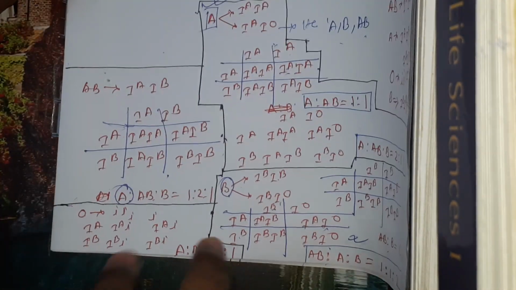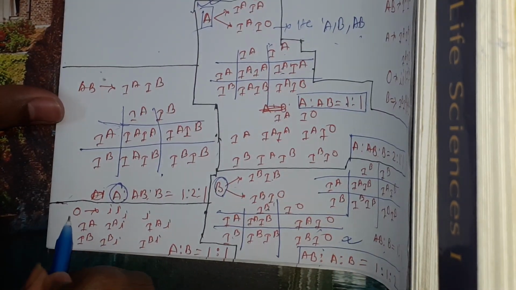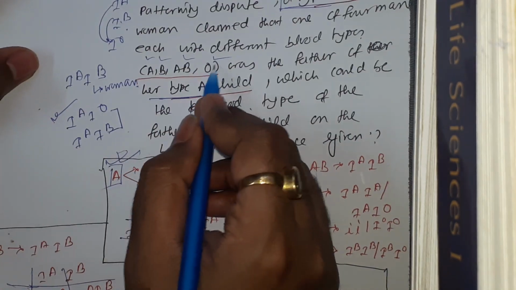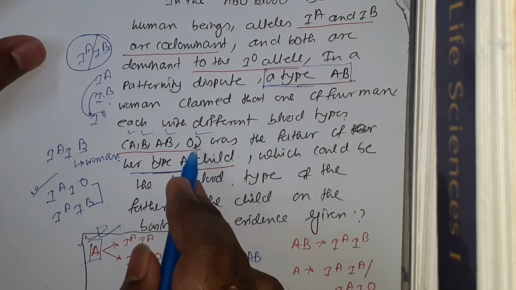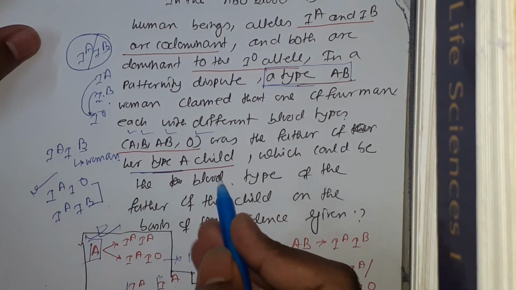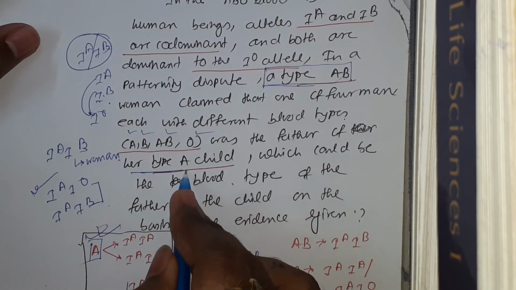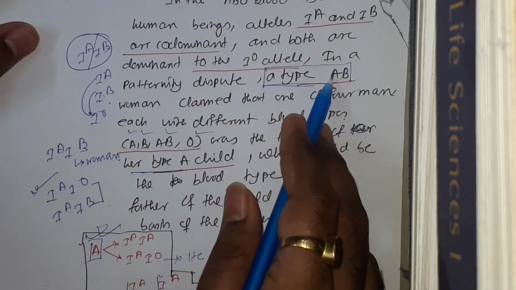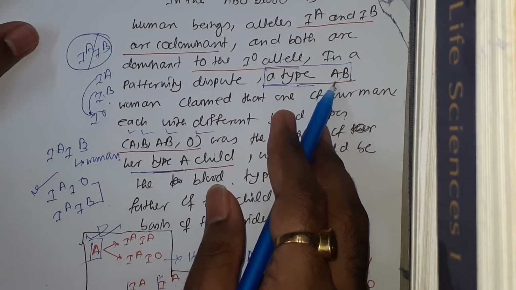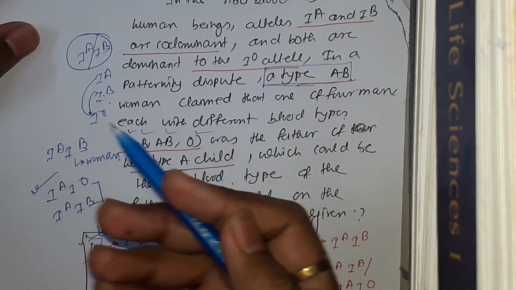So how can we find out? Now let's move to the O blood group, that is our last possibility. It is obvious that the O blood group man can also be the father of the child, because the type A child is here, and the woman has the IA genotype, so we have the possible option of IA.